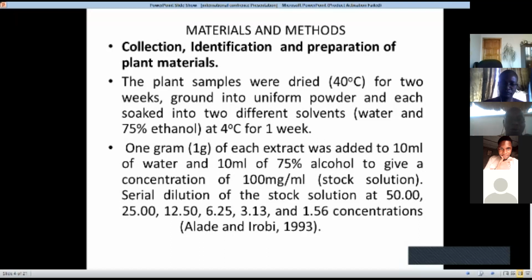Although in the course of this research work, I mostly used 75% ethanol because it has the ability to extract more than the aqueous extract. 1 gram of each extract was added to 10 ml of water and 10 ml of 75% alcohol to give a concentration of 1,000 milligram per ml, which we start with as the stock culture. Serial dilution was carried out as listed.